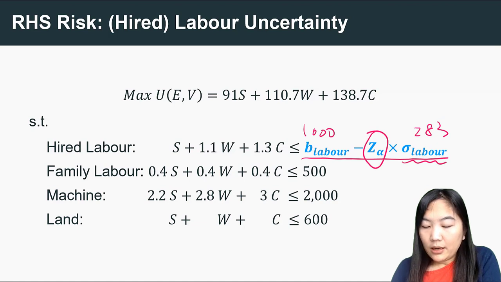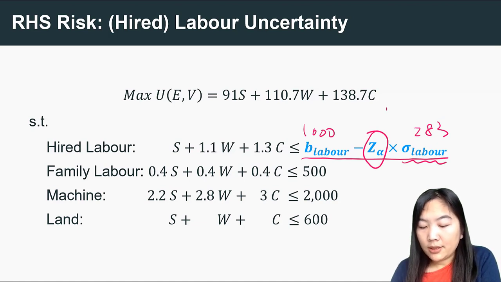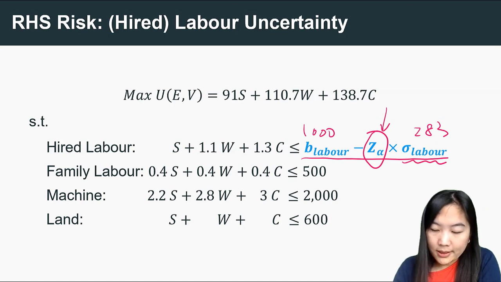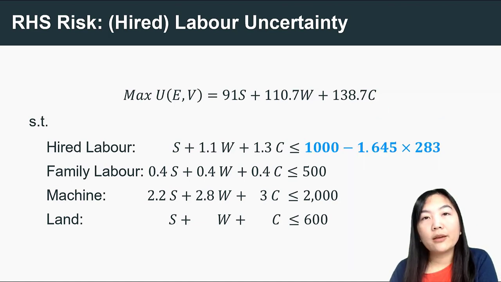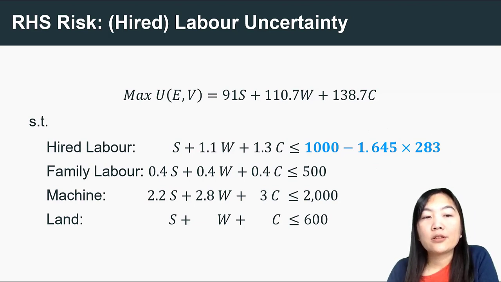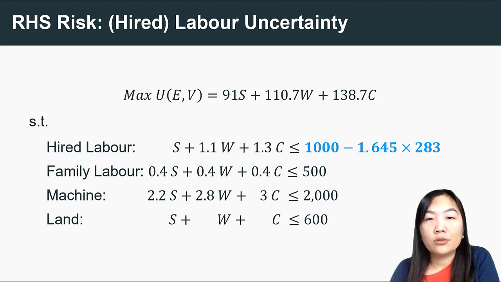And then we will need to decide the Z alpha value. And what's the Z alpha value? Usually, as I mentioned, that's what you or the decision maker should decide. Let's assume that we want to be confident for 95%.